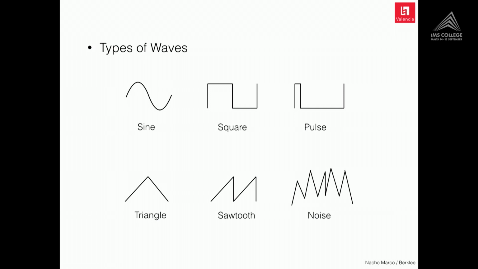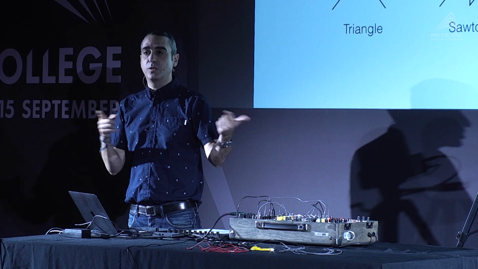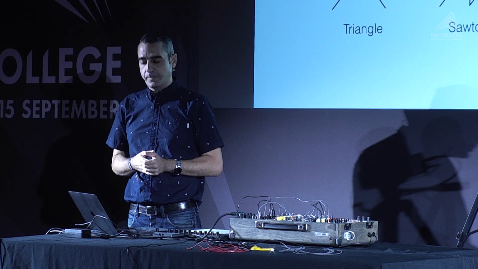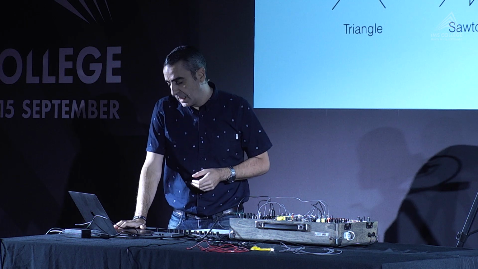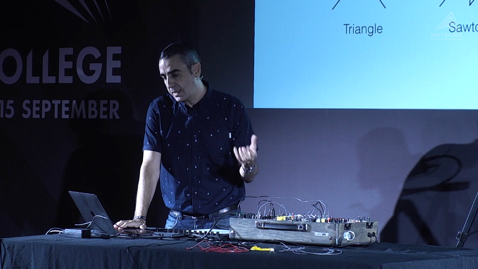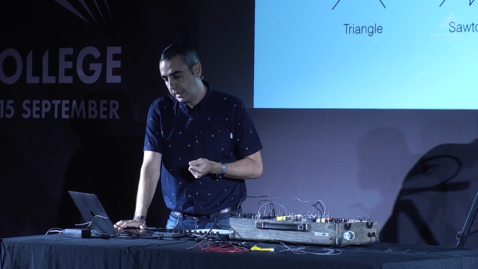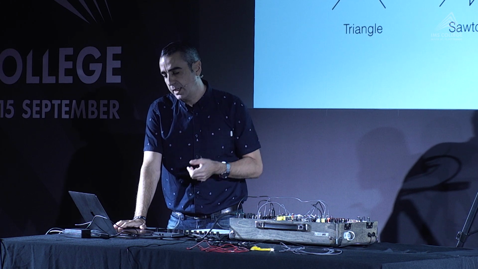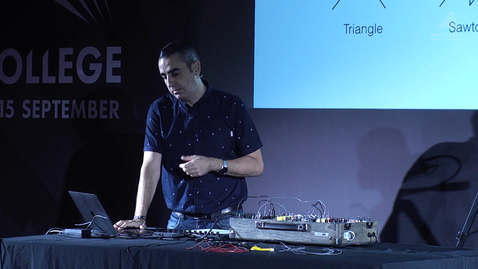Even if we play the same note, we're going to be able to know if this note is coming out of a piano or a flute or any other instrument, thanks to the harmonic content. So let's continue. The sine wave is the basic one, with zero harmonic content, then comes the sawtooth, and then the square is the richest one.